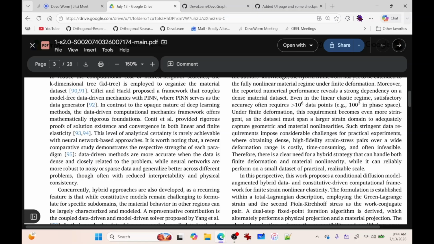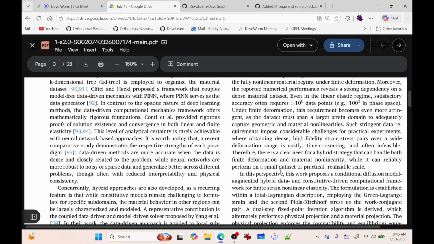Such stringent data requirements impose considerable challenges for practical experiments, while obtaining dense, high fidelity stress-strain pairs over a wide deformation range is costly, time consuming, and often infeasible. Therefore, there is a clear need for a hybrid strategy that can handle both finite deformation and material nonlinearity, where it can reliably perform on a small data set of practical, realizable scale.